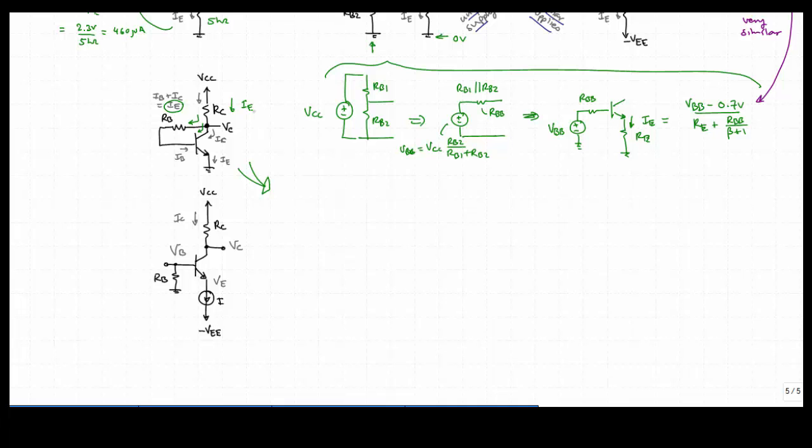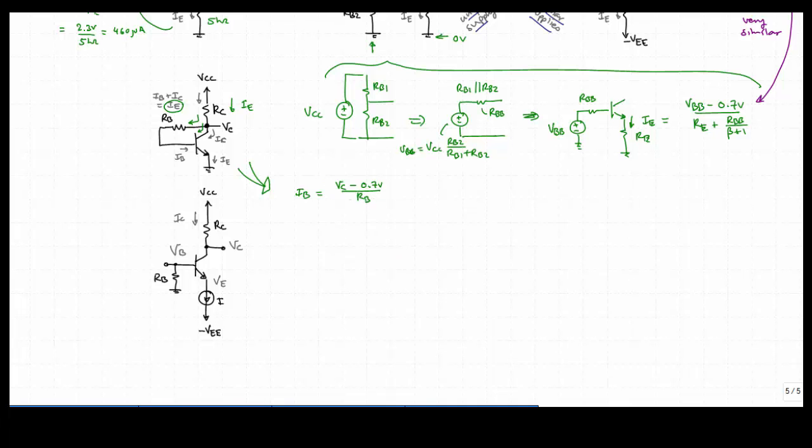Now, let's think about the base current here. We've got the base current that is going to be equal to the voltage across RB. So that's going to be the collector voltage minus the base voltage, now the base emitter voltage. The base emitter voltage is going to be 0.7, as we've assumed before, and that'll be divided by RB.